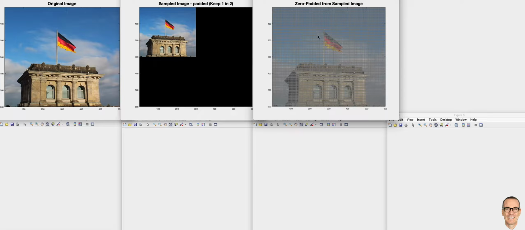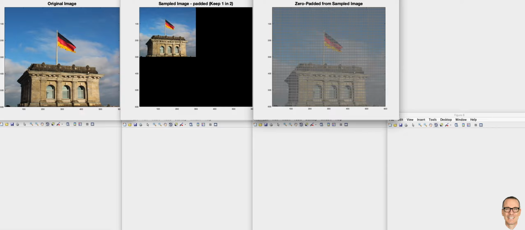Now I'm showing the first step in recovering the image, where we've taken the 300 by 300 and put zeros in between each, so rows of zeros and columns of zeros in between each of the 300 by 300 rows and columns, to get back an image which is now 600 by 600. Just to repeat the steps: we took our original image and only kept every second row and every second column, so that we had a compressed image, which means we have less storage.